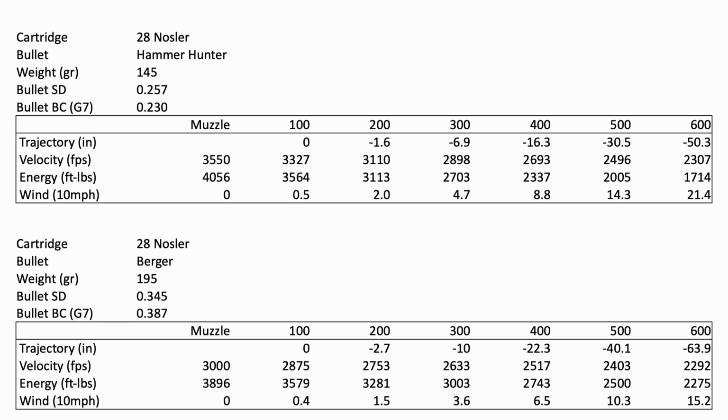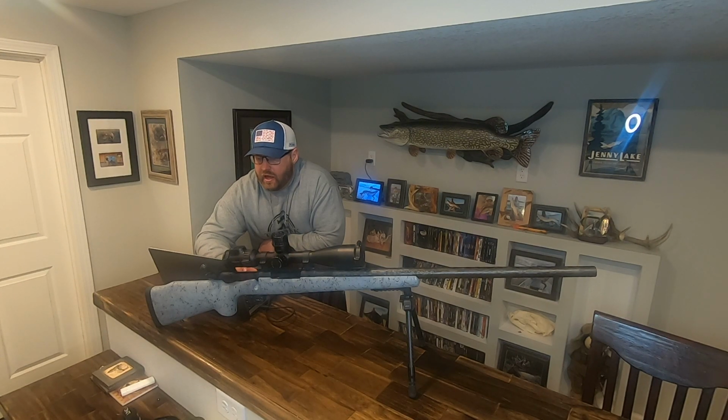We're using 100-yard zeros. I'm not even dropping 7 inches out to 300 yards. We get to 400 yards, down 16.3, and then we get to 30 inches at 500, and finally 50 inches at 600. I have some of the wind drift information here, energy, velocities.